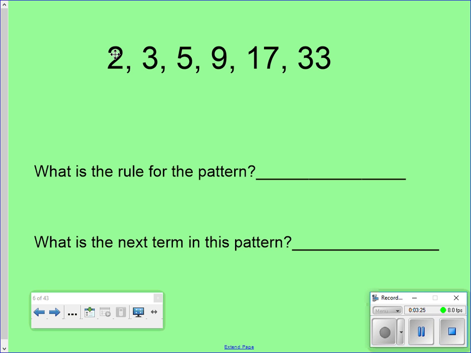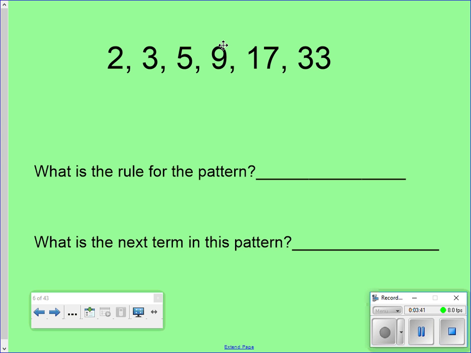So if I take 2 times 2, that gets me to 4, but then I need to subtract 1 to get to 3. If I take 3 times 2, I would get 6, and then subtract 1, I get 5.